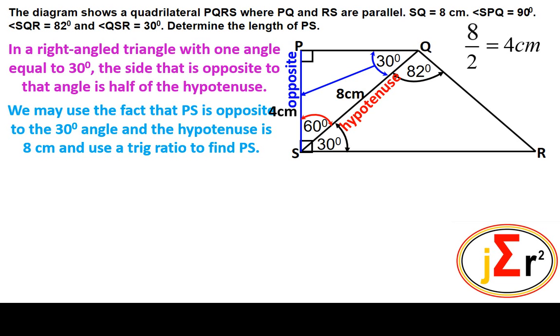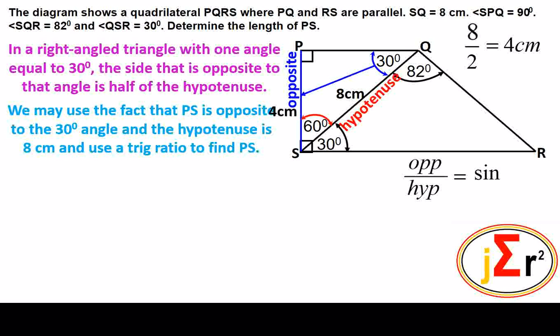So we have the opposite and we have the hypotenuse. Which trig ratio involves opposite and hypotenuse? Opposite over hypotenuse is equal to sine. Opposite and hypotenuse involves the sine trig ratio, but it is not enough to say that opposite and hypotenuse imply sine.